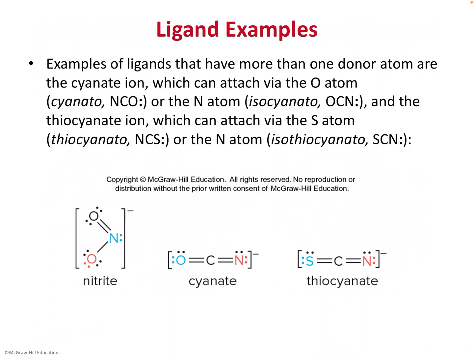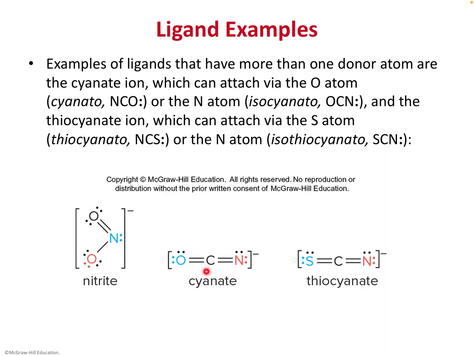And here are some examples that can participate in linkage isomerism. Examples of ligands that have more than one donor atom are the cyanate ion. This is a cyanate ion, oxygen, carbon, nitrogen. There are 2 sites that it can coordinate to the central atom, one at a time.